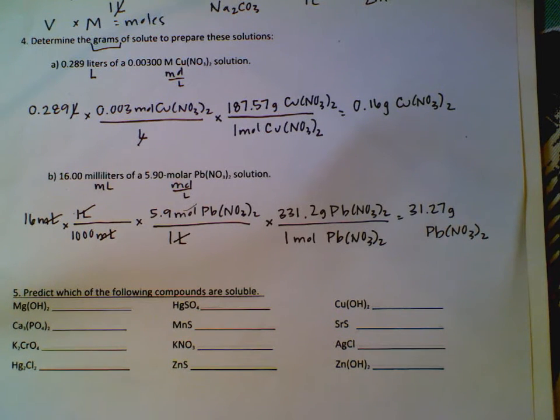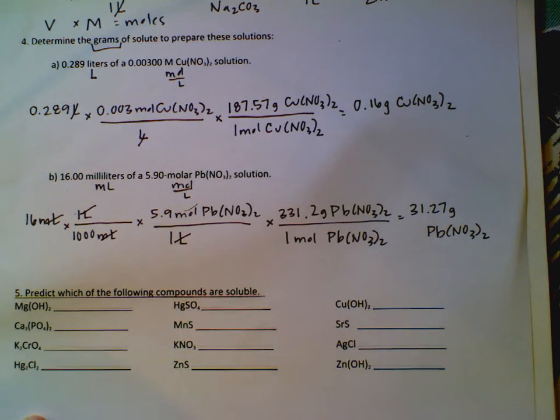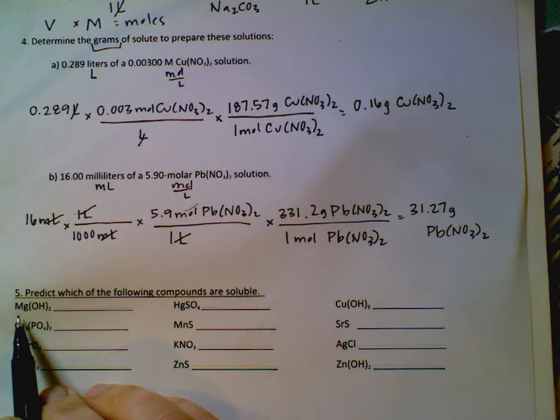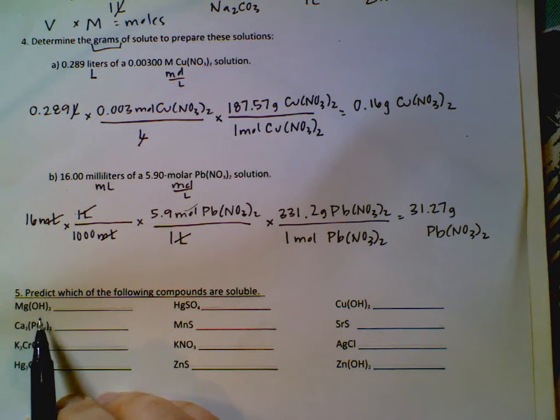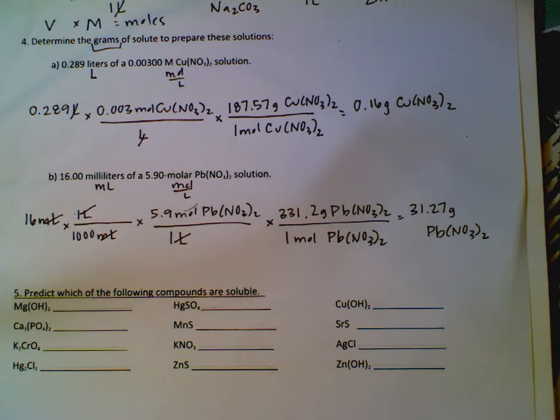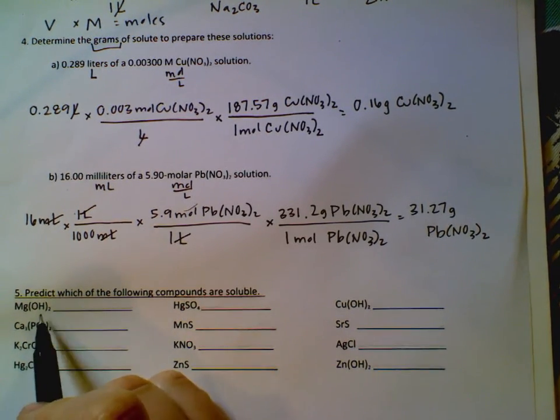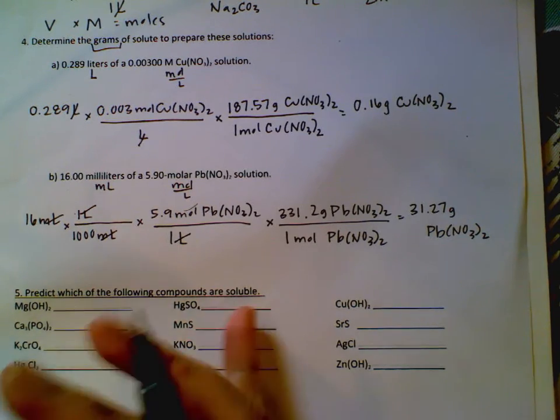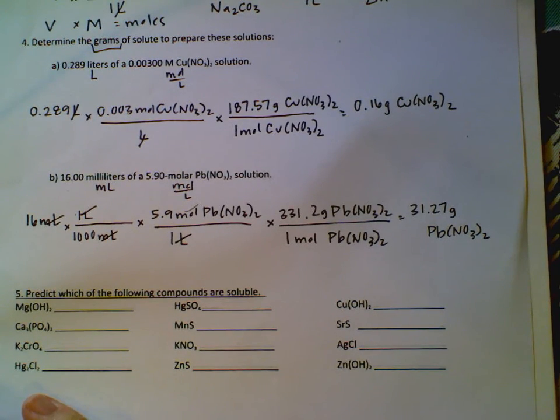So in the case of, let's say, MgOH, I'm going to be looking for rules for Mg or OH. Now, Mg is an alkaline earth metal. It's not an alkali metal, so there's nothing I can really do about that. But there are rules about the hydroxides. And if you remember, the hydroxides are mostly insoluble.